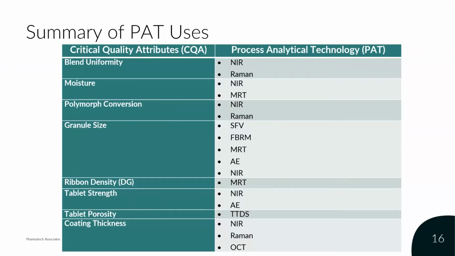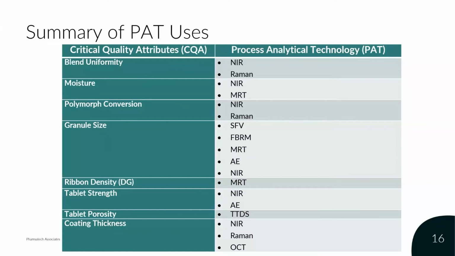So this is a kind of a summary of some critical quality attributes and the process analytical technology that we've discussed and how they can be used. For blend uniformity, near IR, Raman spectroscopy. Moisture content, magnetic resonance spectroscopy. If you're doing a wet granulation, fluid bed drying process, this can be done very, very simply.